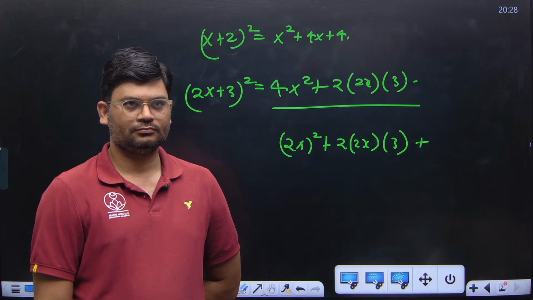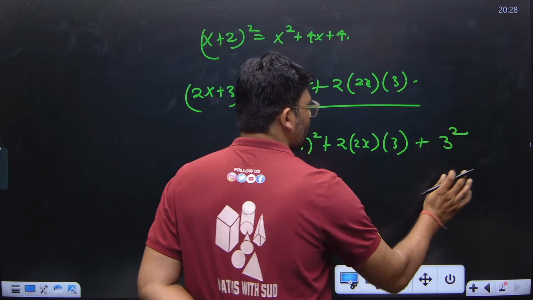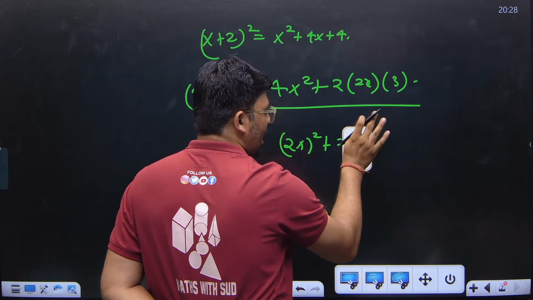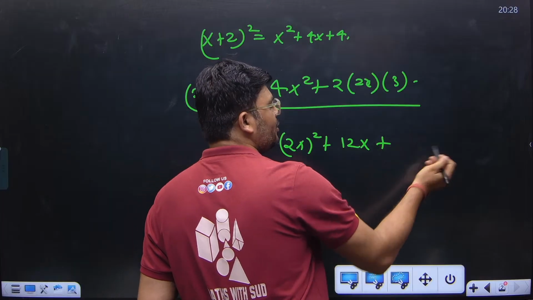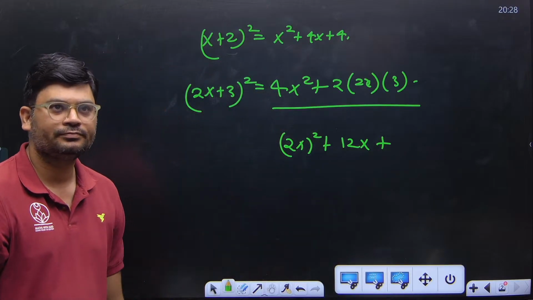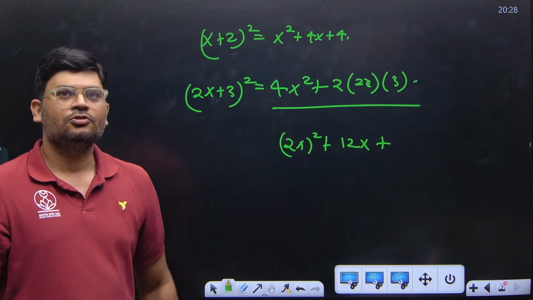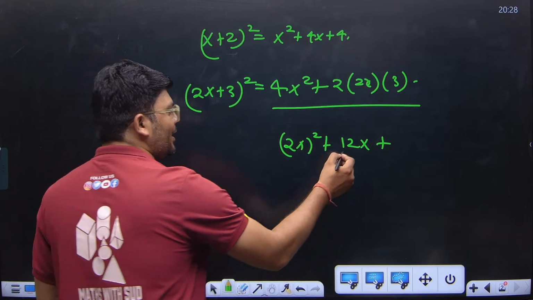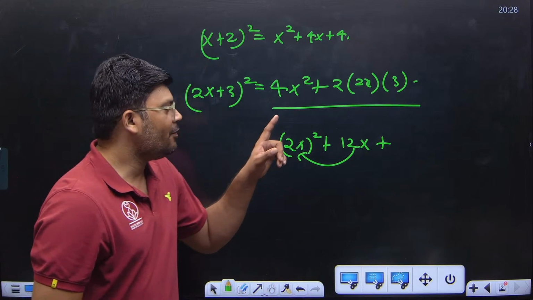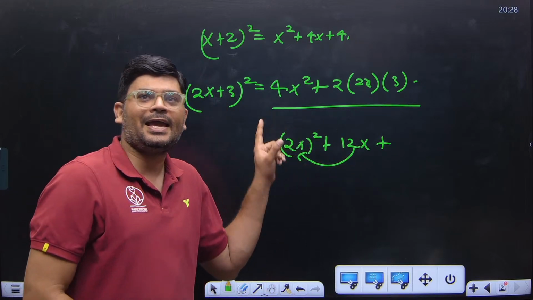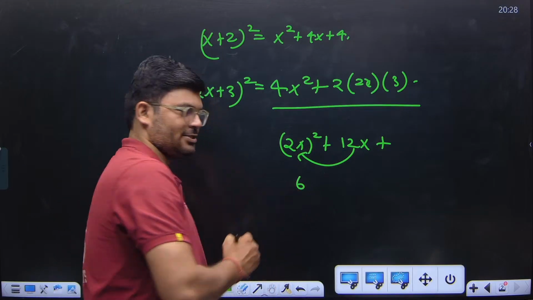I have 3 square. Okay, suppose I erase this and convert this into 2 into 2, 4 into 3, 12x. Then what should I add and how will you think? That's the question. So first thing you have to do is divide this by a. Whatever you have, a. So how much do you have now? 6.